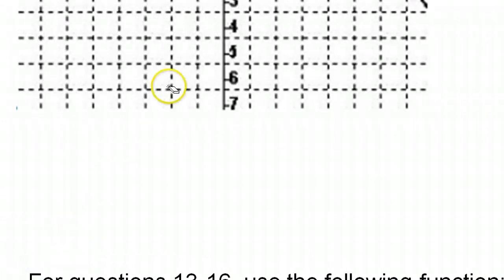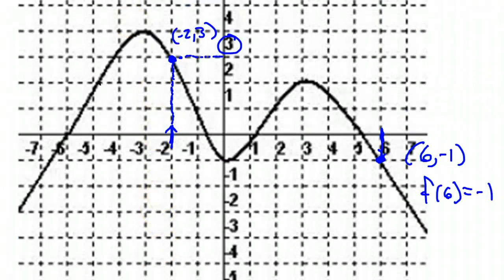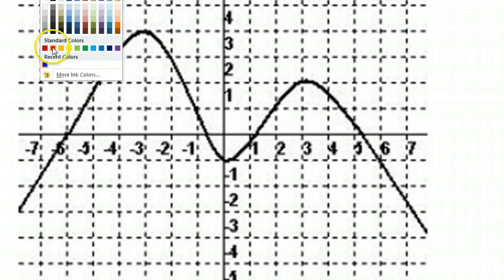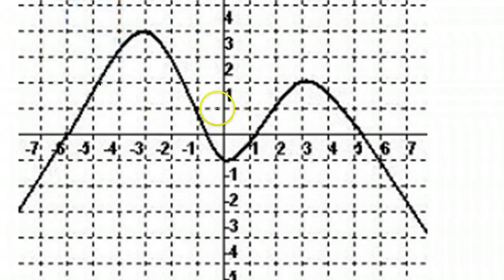If I go back to the graph, let me erase some of this nonsense. Let's look for a y value of 2. If you're looking at the y-axis, the x-axis itself is 0. This is a y value of 1.